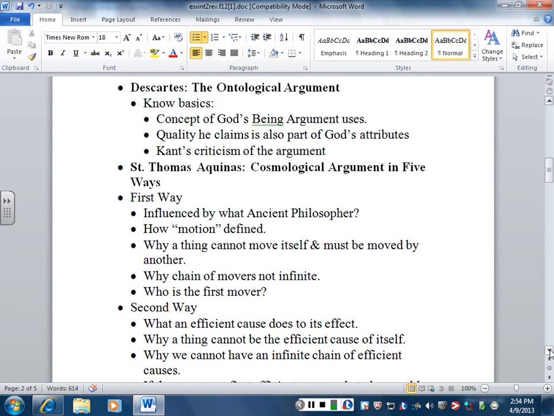That somehow existence is as much an essential part of God's nature as having three angles is to the nature of a triangle. Okay?